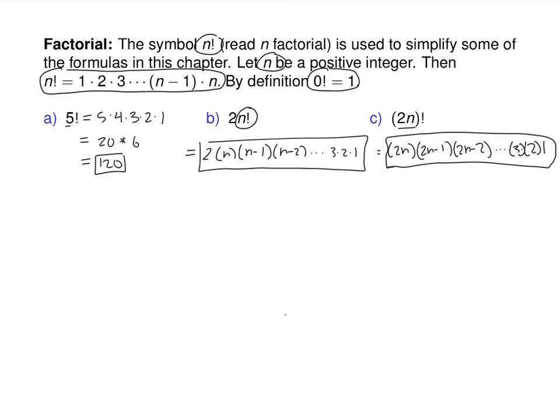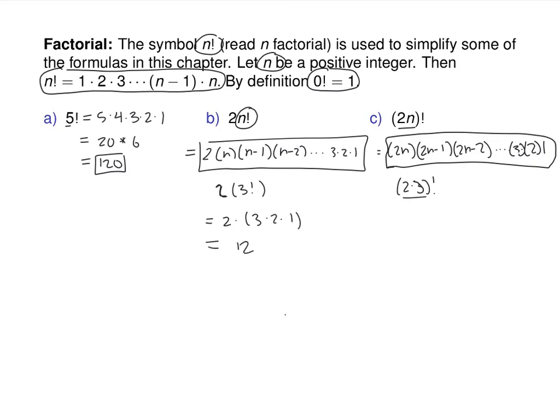If you wanted to prove it to yourself, let's just do some small number. Let's do 2 times 3 factorial, and then 2 times 3 factorial. So here we'd have 2 times 3 times 2 times 1, which would give us 12.